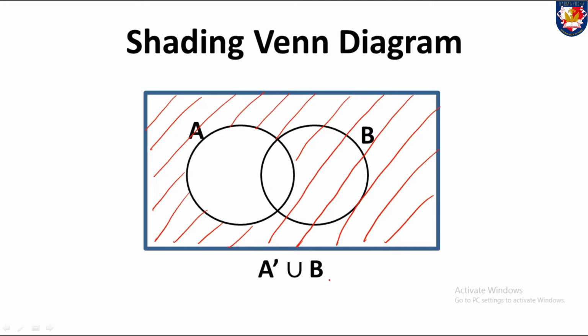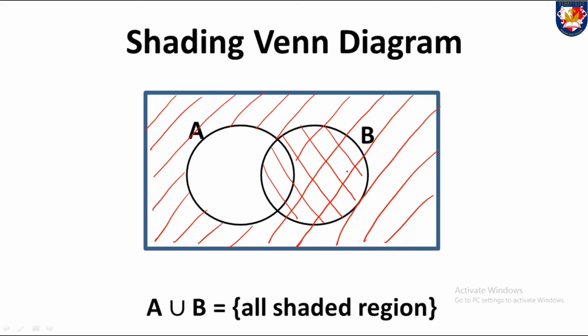Now, there's a set B. We shade all the area of set B. Now, what is the area of A complement union B? Again, if it is union, the area or the region is all shaded region.